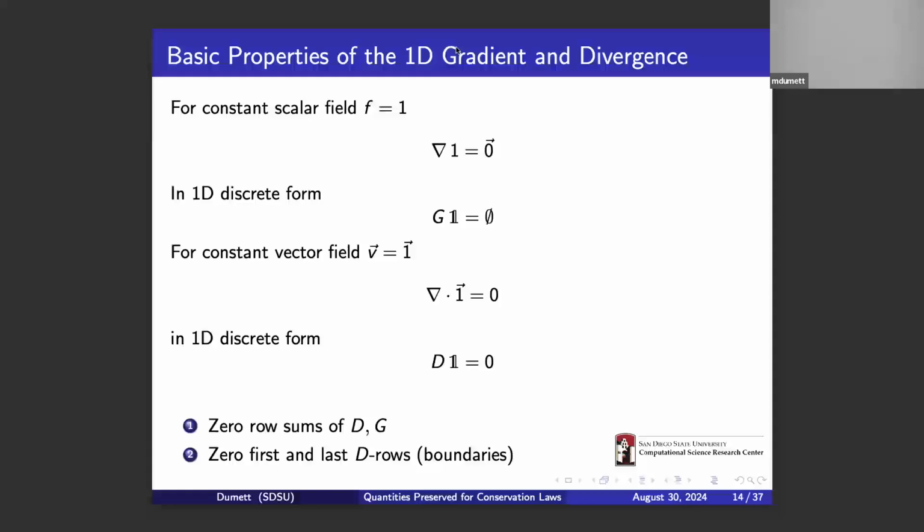Similarly, if I have a constant vector field, the divergence of that vector should be 0, and that means the discrete version of this operation should be 0. That means each row of G should add up to 0. The coefficients of each row should sum to 0, and also here, so we get zero row sums for D and G. And also the first row and last row of D are 0.